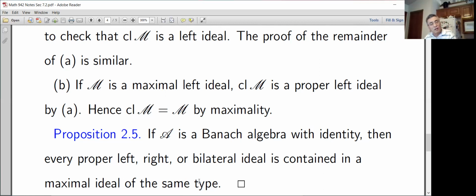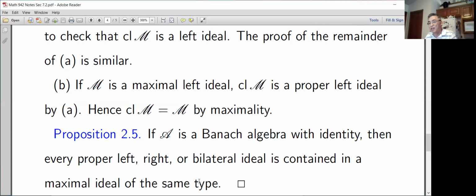of course, it is an ideal, but we can see it is a proper ideal because any one of these does not intersect G sub L. So the union does not intersect G sub L. The union does not contain any left invertible element.